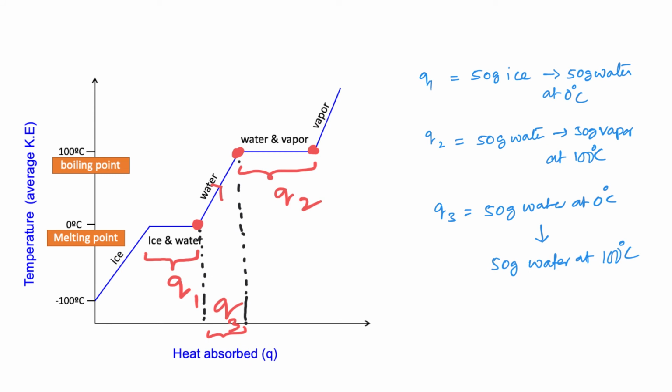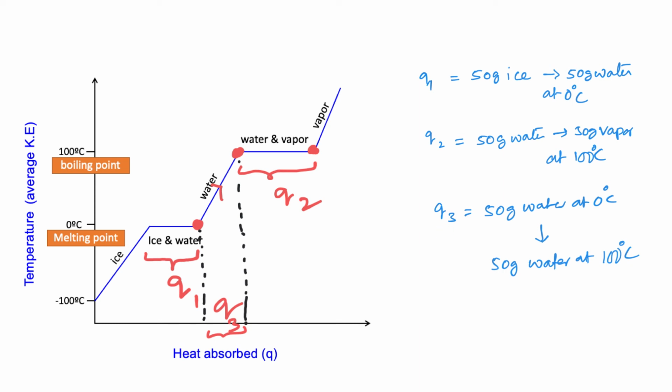So, in question 1, we calculated the amount of heat required to convert 50 grams of ice to 50 grams of water at 0 degrees Celsius. That is this change. In question 2, we calculated the heat required to convert 50 grams of water into 50 grams of water vapor at 100 degrees Celsius. That is this change.